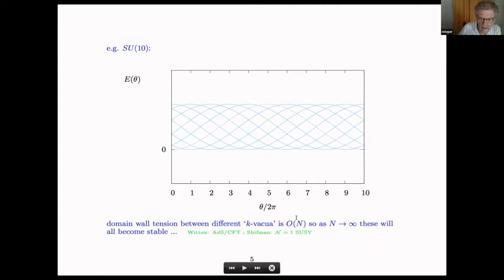And indeed, it's kind of interesting. The suggestion originally by people like Shifman, also by looking at N=1 SUSY, is that these vacua really are almost stable. So if I looked at, say, SU(10), they're metastable, but they're pretty stable. There's a very small probability for decay.